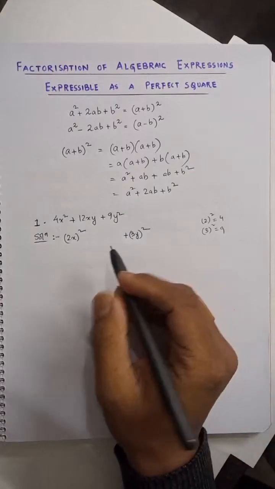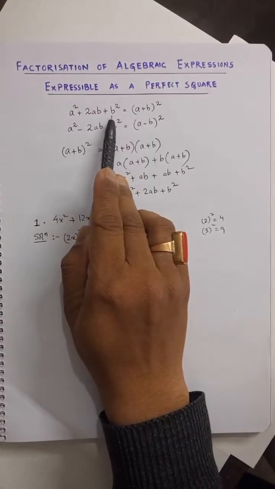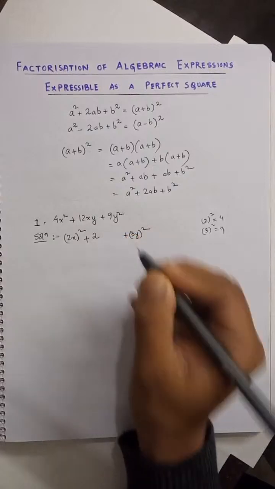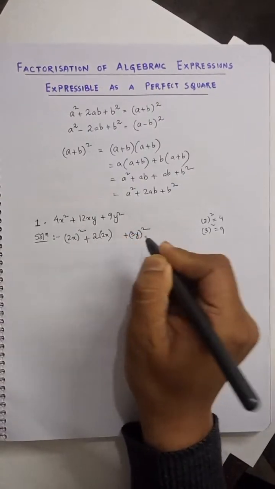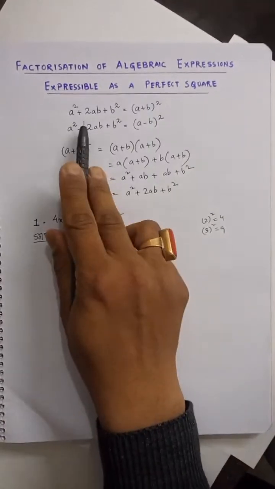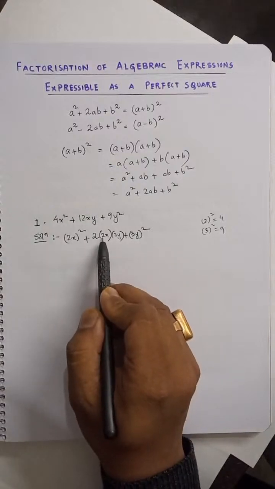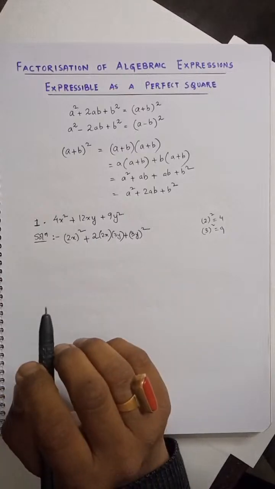Now our identity says a² + 2ab + b². So here we will put 2, and the first bracket is 2x, the second bracket is 3y. So this is just in the form of 2ab. You can cross check also: 2 into 2 is 4, 4 into 3 is 12, x into y is xy.